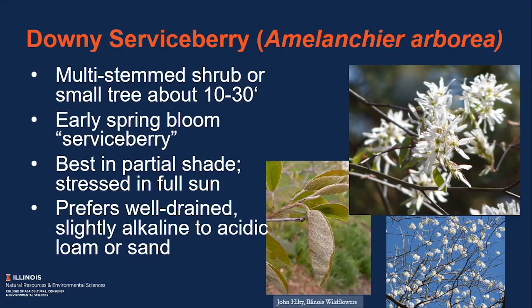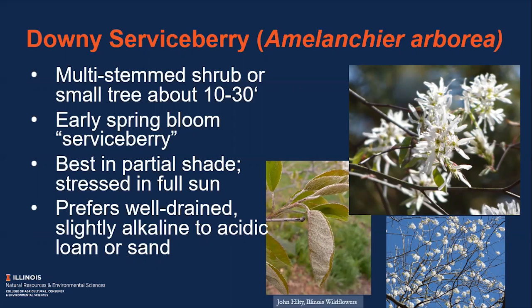It is an early spring bloomer, called serviceberry because in the early pioneer days, when the ground was frozen over the winter, people were not able to bury those who had passed away until the ground thawed. So folks knew that the ground was going to be thawed enough at the same time that the serviceberry was blooming. Kind of an interesting little story about that one.